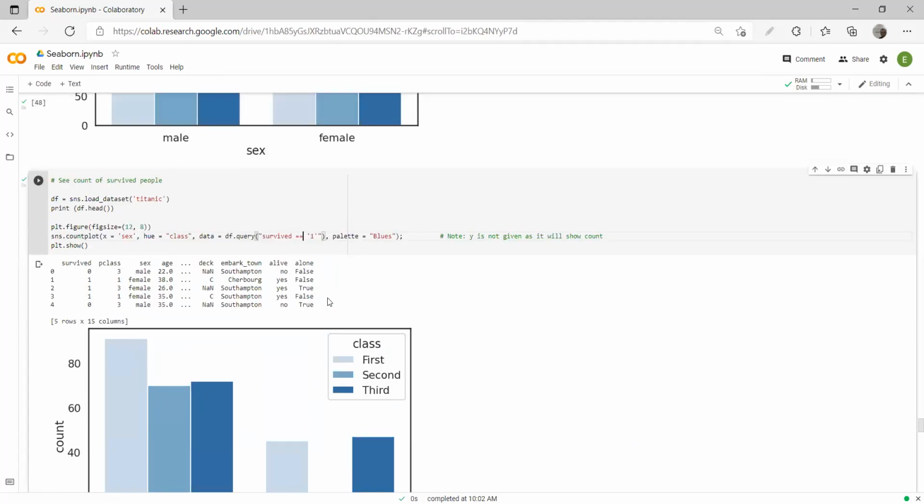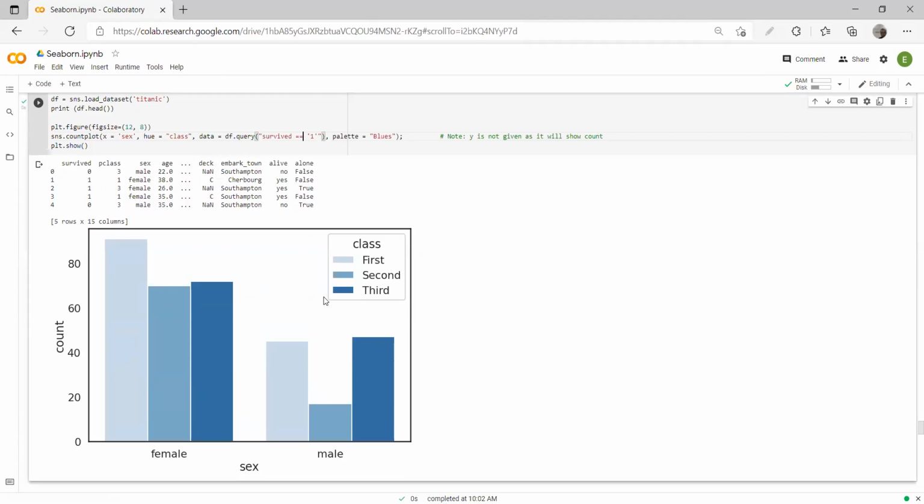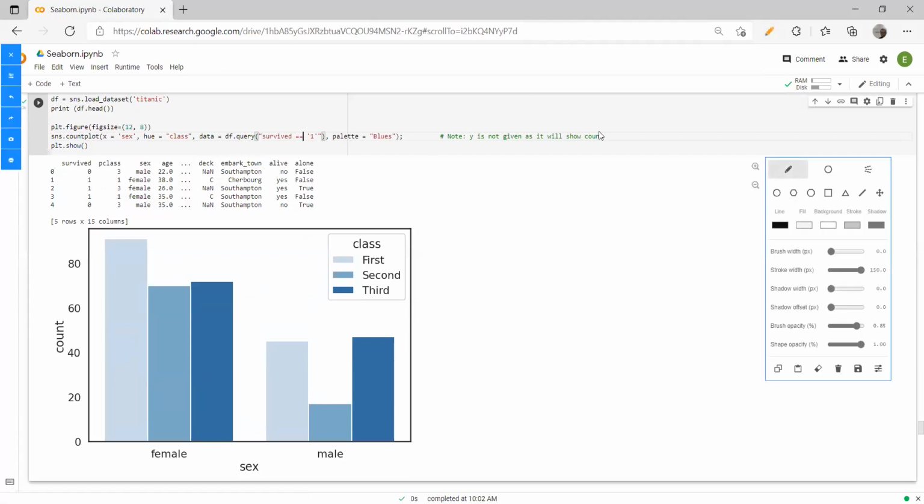Okay, so you can see that we are only getting a count of survived, and over here you can find that around 90 female survived in the first class, around 70 female in the second and third class also survived, right?